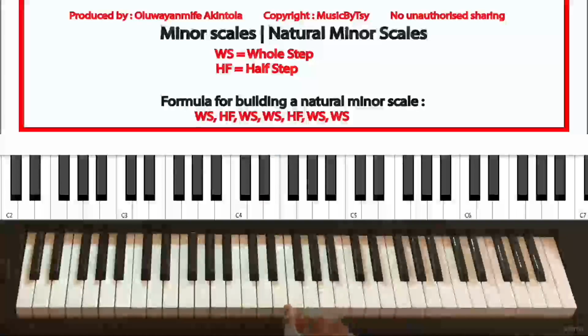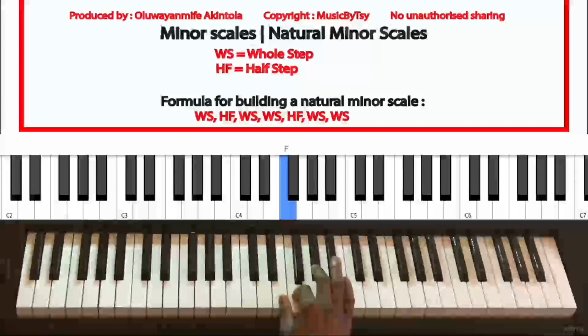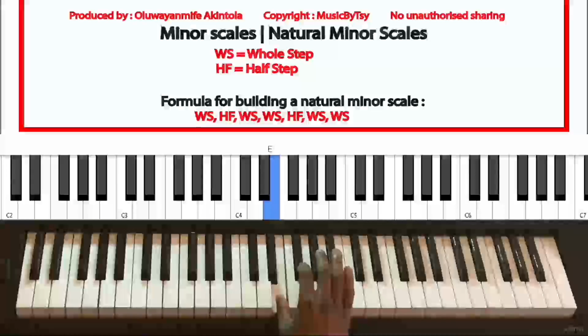So for example, if I move from the key of E to the key of F, then that means I've moved by a half step. But whenever you move from one key to another key and you skip one key in between, then that means that you've moved by a whole step.